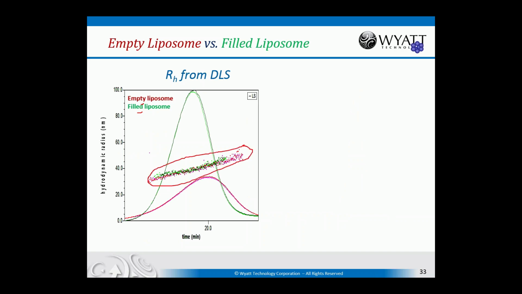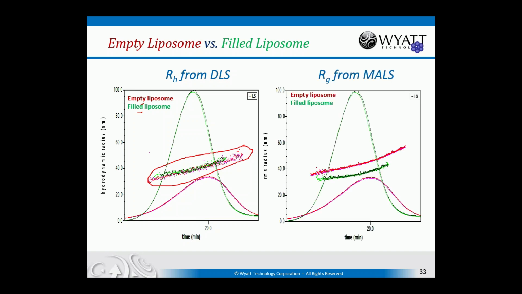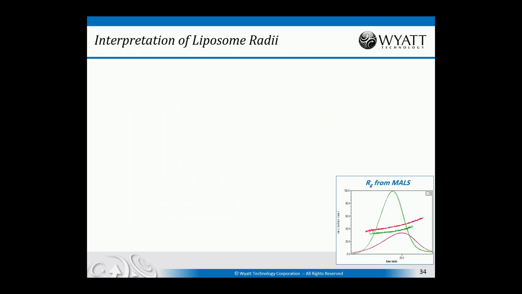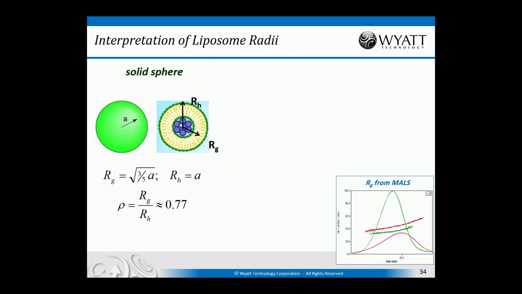That's because the external envelope of the liposome populations are the same. If we measure them with multi-angle light scattering, the size, the RG, the root mean square radius, is different between these two. The reason for that is shown in this slide here. So how do we interpret these radii?